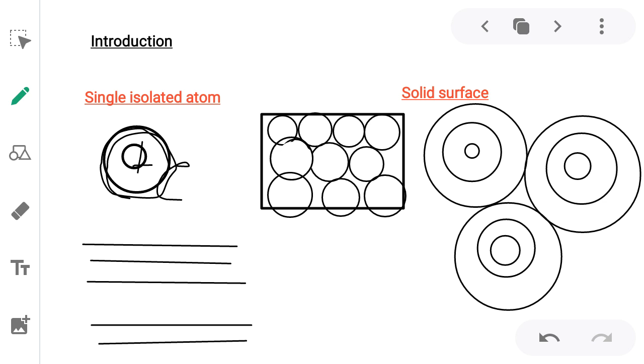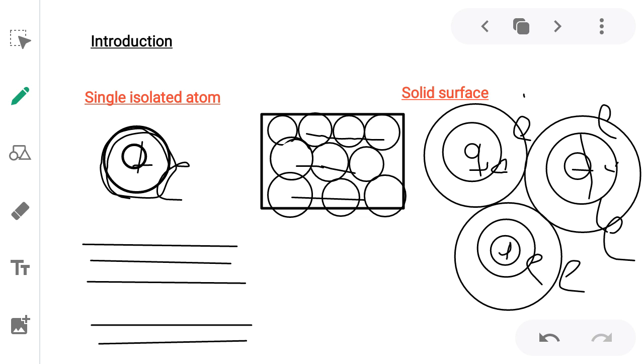This solid surface contains many atoms which are tightly bonded to one another. As I already mentioned, unlike the single isolated atom, a general solid does not consist of only one orbit; it consists of more than one, two or three orbits, with the proton at the center.